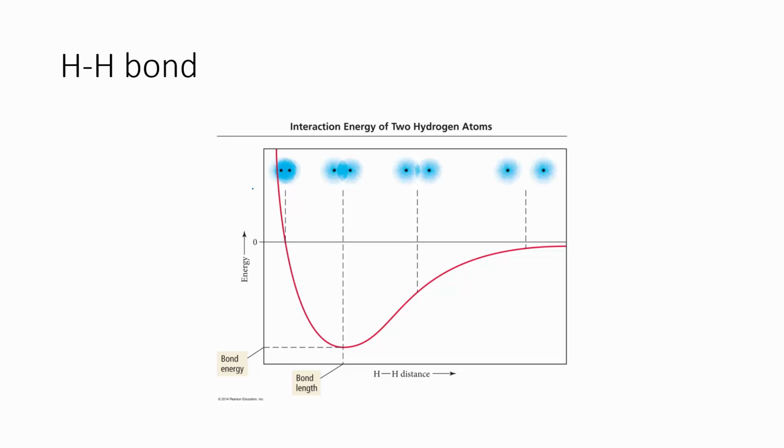It's a pretty straightforward idea: a bond is formed when there is overlap between the orbitals of two nuclei. The nuclei are shown here in pictogram style as the little black dots in the center of the blue electron density cloud, and when the two nuclei approach each other and their orbitals overlap, we have a certain amount of energy.